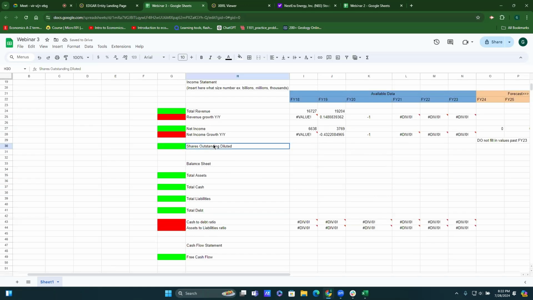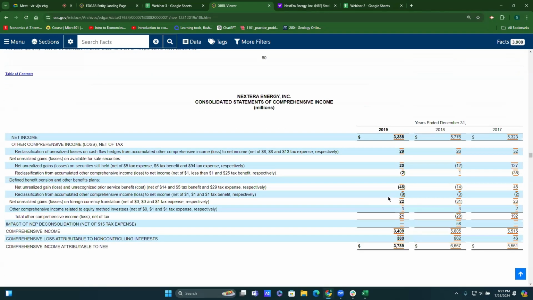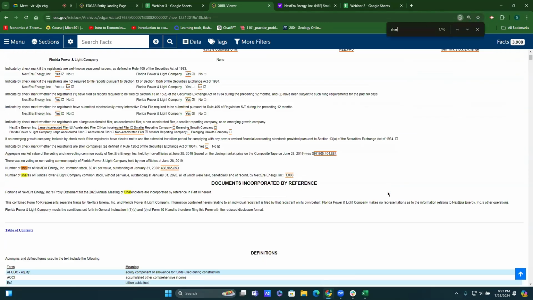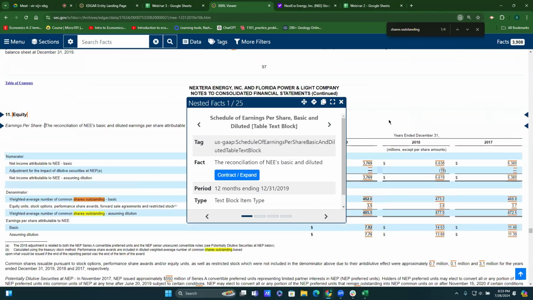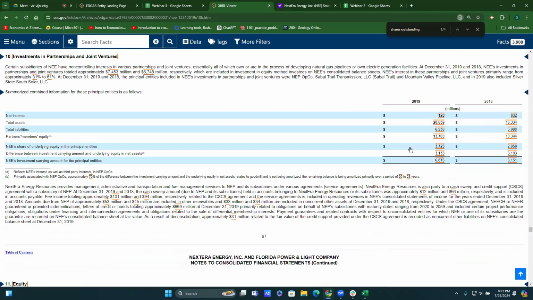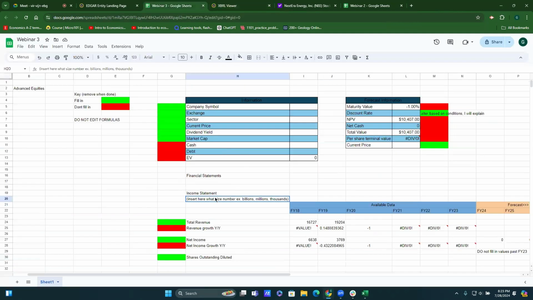And now we need shares outstanding diluted for fiscal year 2019. We're going to find that. Let's see. Shares outstanding. Basic. Okay, so these are millions. That's also something to consider when you look at these. They emphasize whether they're in millions or not, and we also do that here.